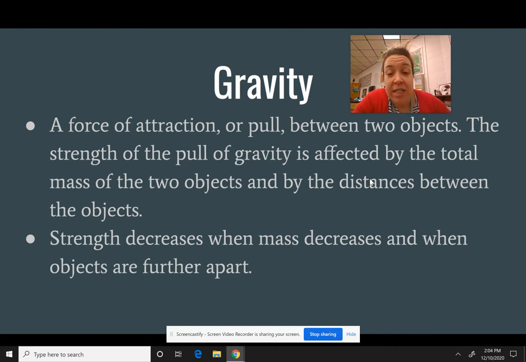It decreases when it has less mass or if the objects are further apart. So you can think of the gravity between, let's say, Earth and the sun is pretty intense. But as we go further out in our solar system, like our poor ex-planet Pluto and the Earth, there's less gravity there because the distance is a lot further.